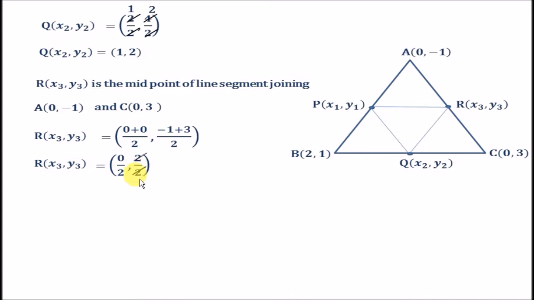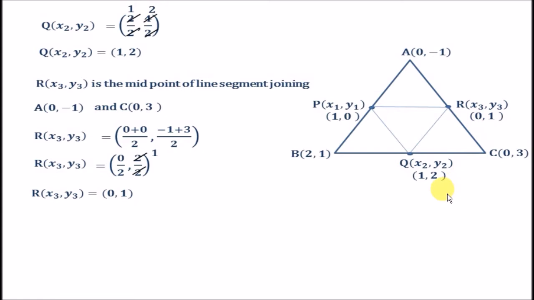So for y, 2 ones are 2. 0 by 2 will be 0 for x. So the coordinates of point R are (0, 1). So we've got the coordinates of point P as (1, 0), Q as (1, 2), and R as (0, 1).